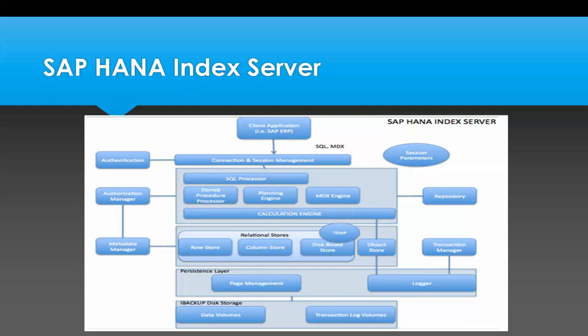Then we have our transaction manager. The transaction manager is the component that coordinates database transactions, and it takes care of controlling transaction isolation, and it keeps track of running and closed transactions.